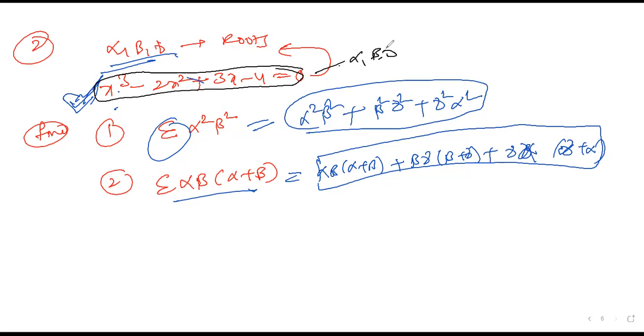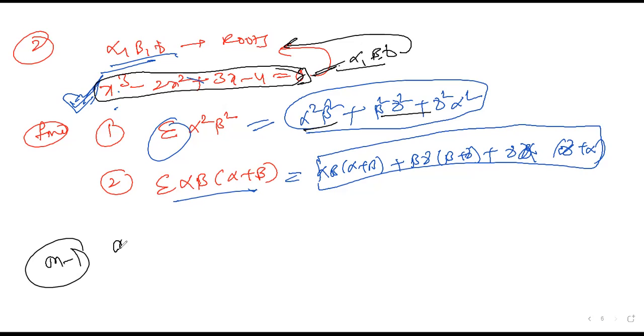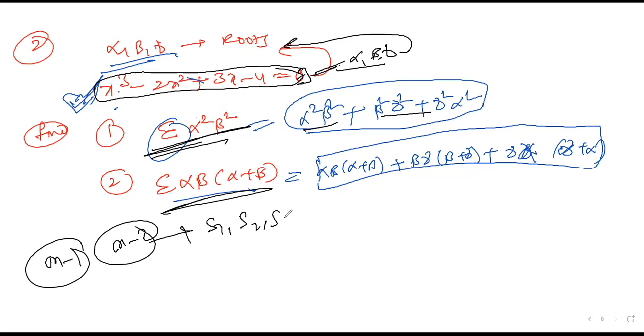Then you substitute the values and you'll get the answers. That is method one. Method two: you convert these questions into S1, S2, S3 terms, then you substitute and you'll get the answer.